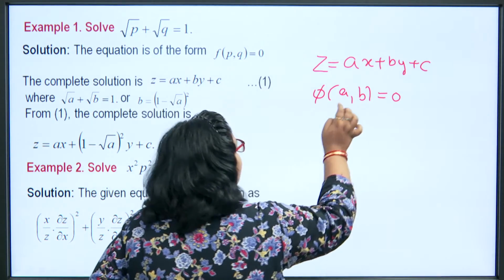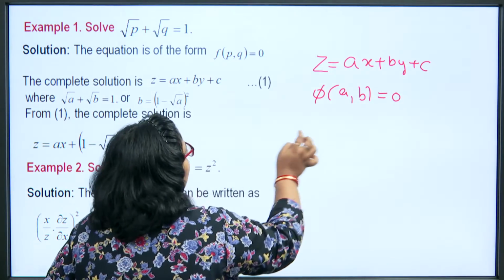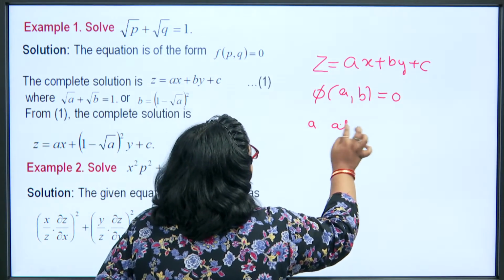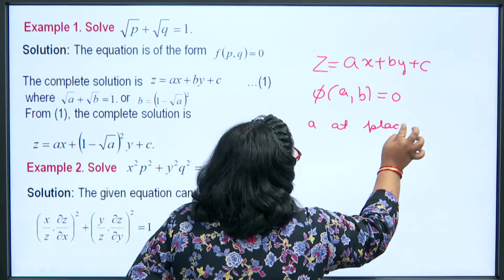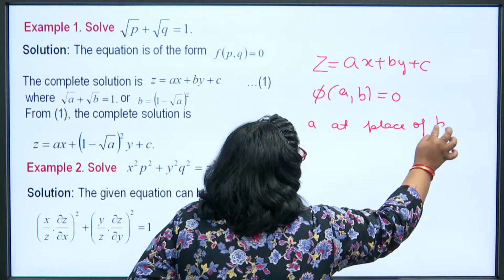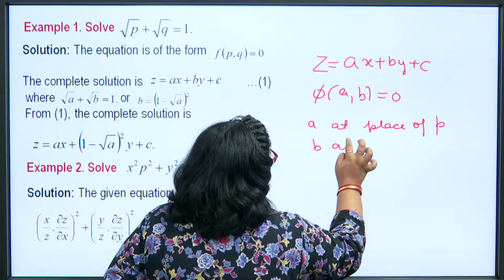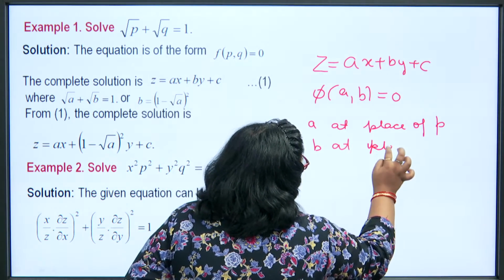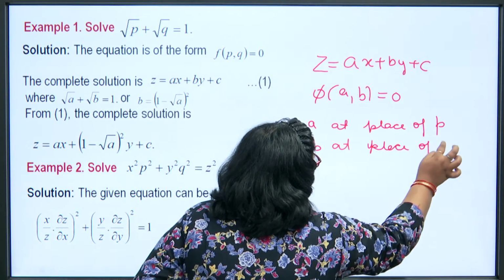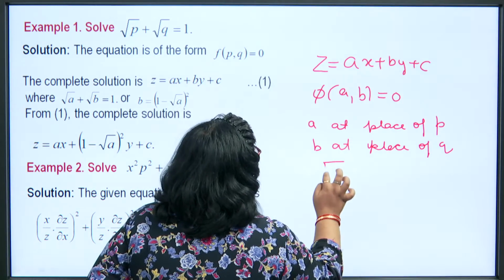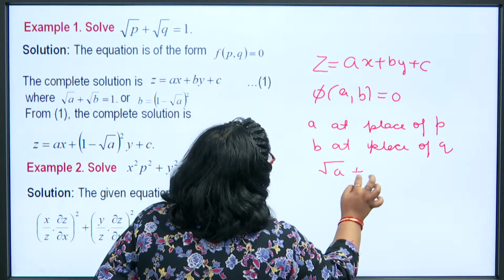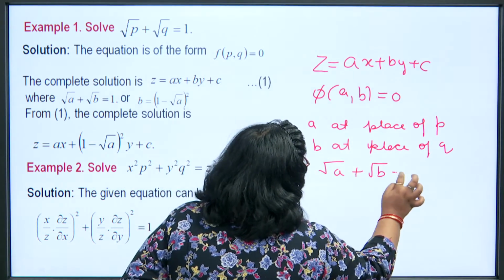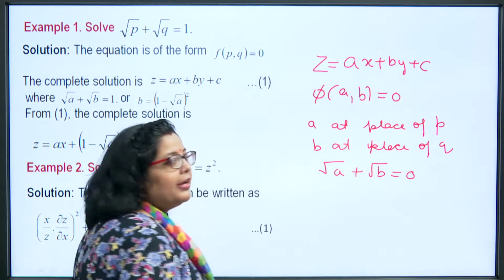For this we put a in place of p and b in place of q.